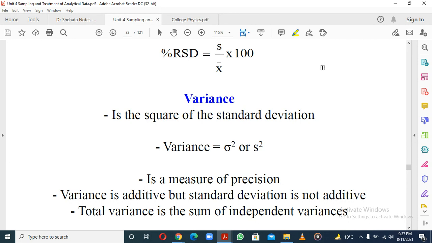So it's not additive. If you want to find the total variance, remember it's additive, so you just add the sum of independent variances. But standard deviation is not additive.